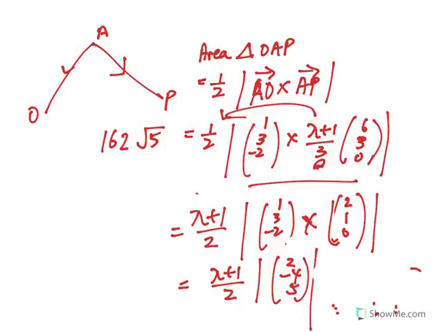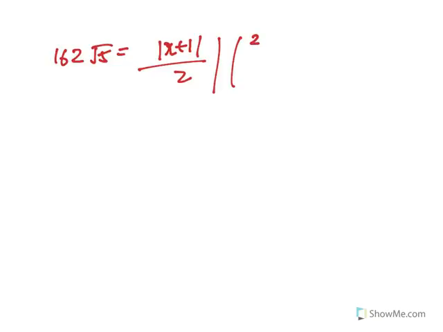You realize that the magnitude of this should be equal to 162 square root 5. So you know that 162 square root 5 is equal to the modulus of lambda plus 1 over 2 times 2, negative 4, negative 5, correct?